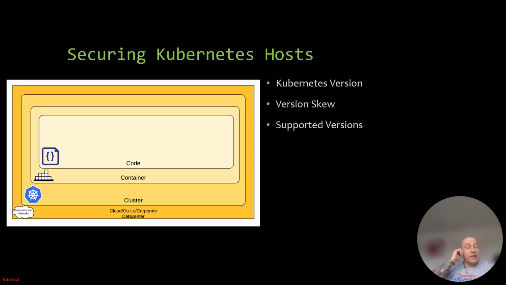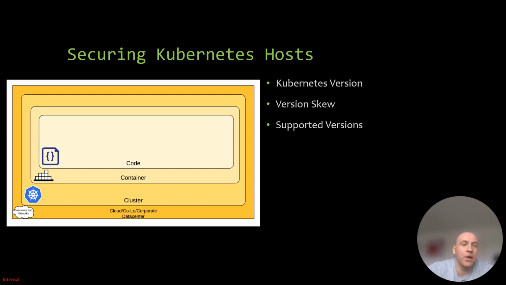So hence, it's part of the security recommendation, and it's important, to upgrade the Kubernetes cluster to the latest available stable version, and to refer to the version SKU, which I'm going to cover, because as we discussed, all of the components have their own Kubernetes version.